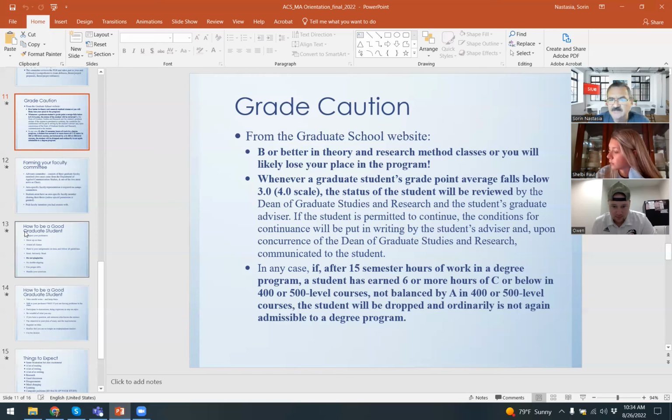In any case, if after 15 semester hours of work in a degree program, a student has earned 6 or more hours of C or below in 400 or 500 level courses, not balanced by A in 400 or 500 level courses, the student will be dropped and ordinarily is not again admissible to a degree program.